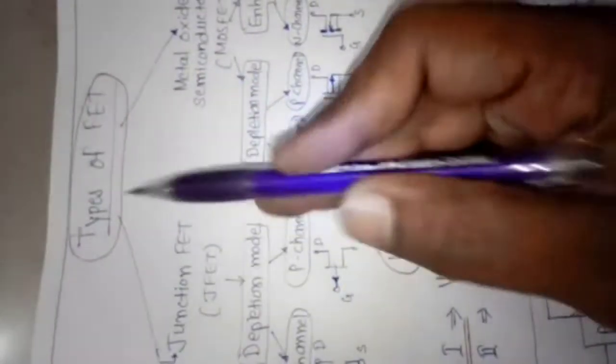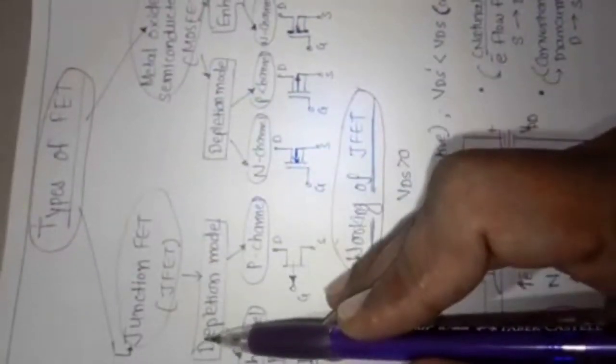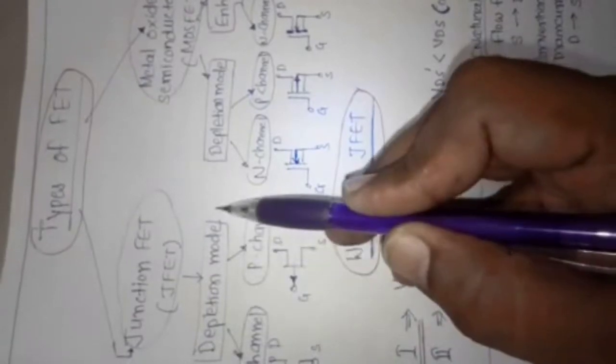Now we see the types of FET. Majorly there are two types: the junction field effect transistor and the metal oxide semiconductor FET. Further, they are divided into depletion mode and enhancement mode.